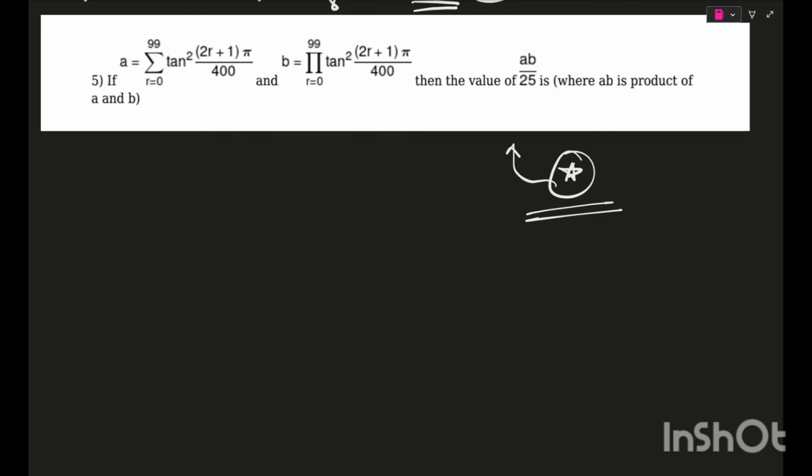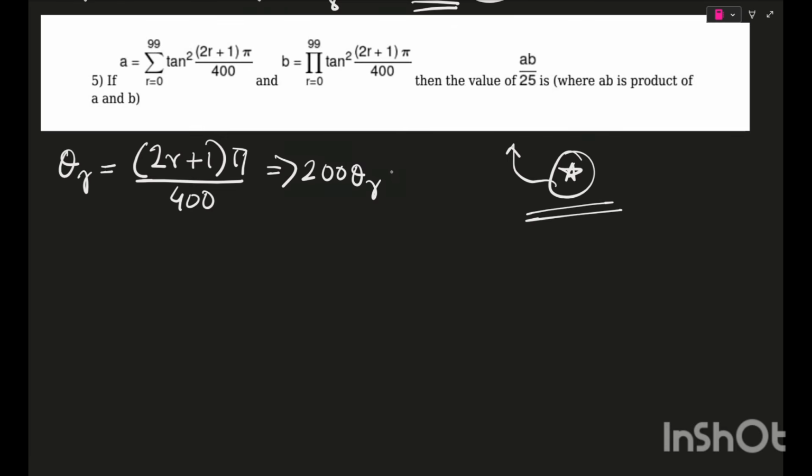Anyways, so guys, what we are going to do is I am taking theta r to be 2r plus 1 times pi by 400. So 200 theta r will be equal to what? 2r plus 1 times pi by 200, right? Okay, wait. This is not 200 actually.